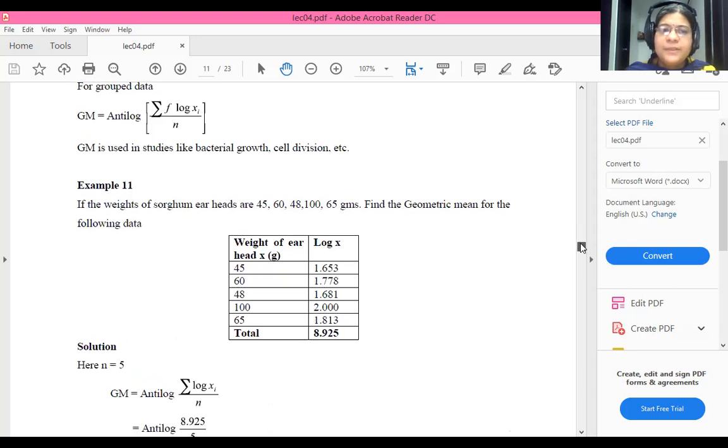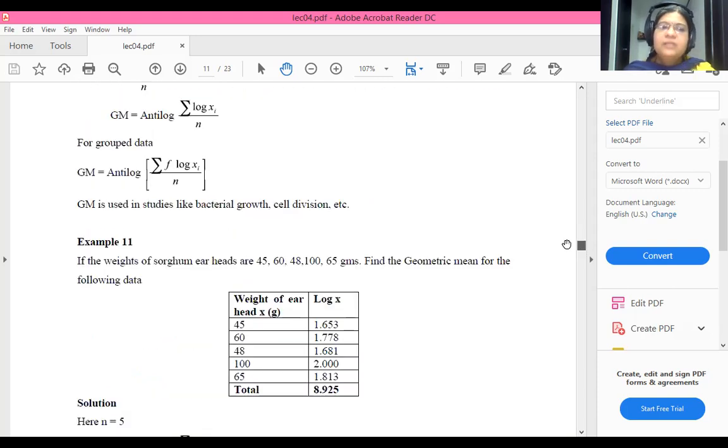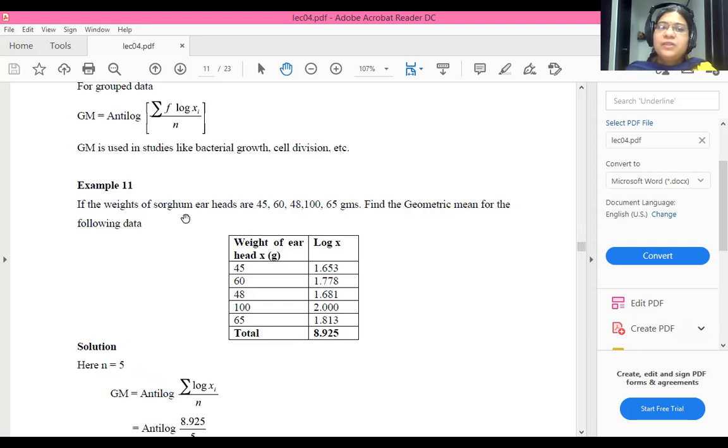Now example 1. If the weights of the sorghum earheads are 45, 60, 48, 100, 65 grams, find the geometric mean for the following data. One of the formulas is that the geometric mean is the nth root of the product of the observations.